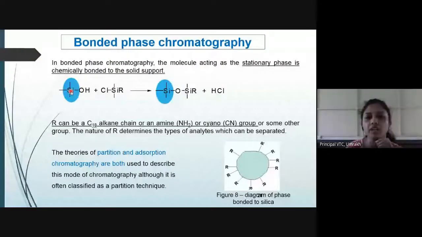Here in this figure, first of all, in this equation we can see that the silicon hydroxyl group is being bonded with R through a chemical reaction, and we get this bonding, which will be further used for separation of analytes. Likewise, the simple diagram shows that your support material will be bonded with the functional R groups, which will be used for separation.